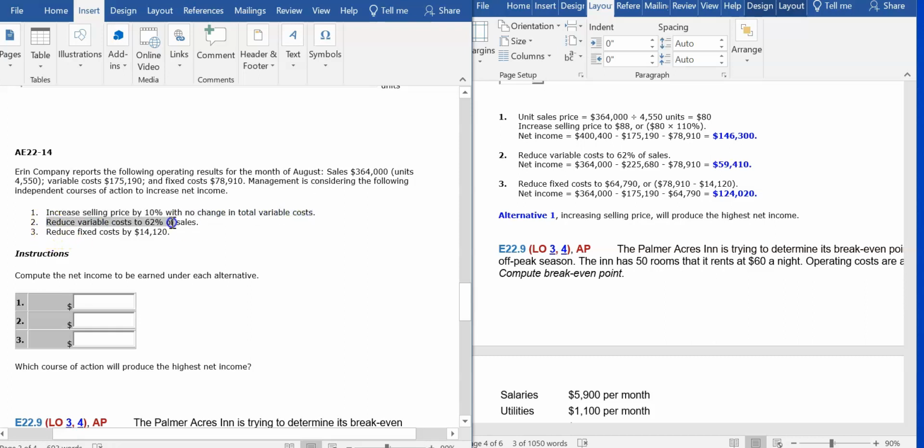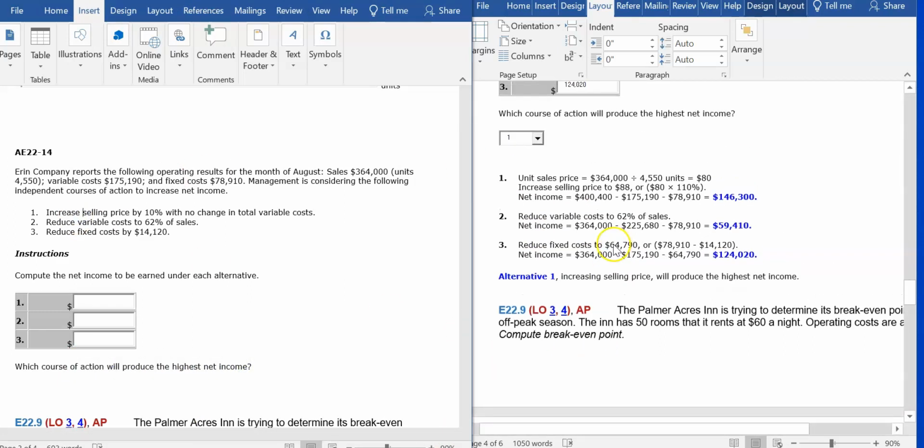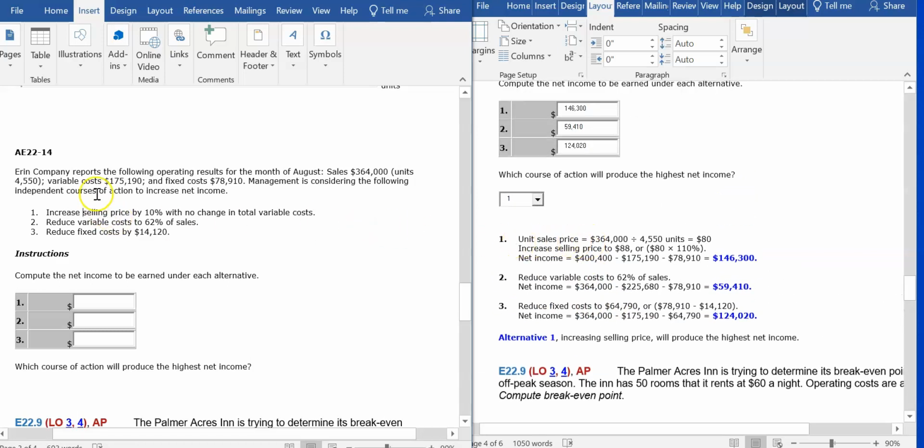They can reduce variable cost to 62% of sales, or they can reduce fixed cost. What they want us to do is to figure out what the net income will be under each of these alternatives so that management can determine which course of action will be the best in terms of producing the highest net income. What we need to do is take a look at each of these options.